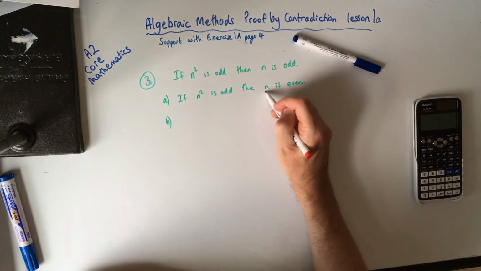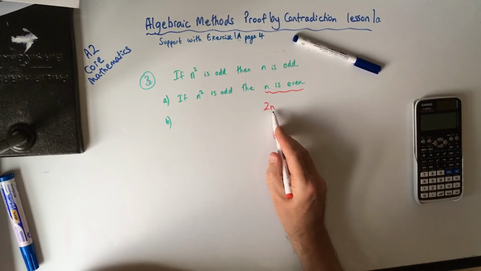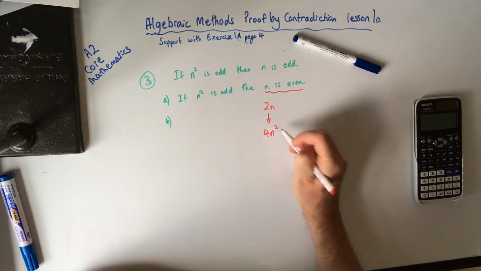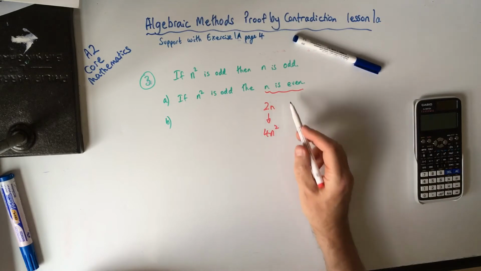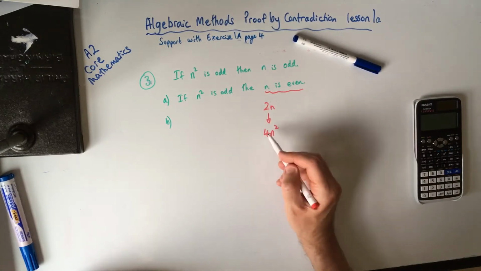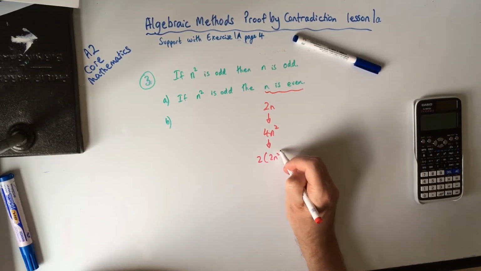So if n is even, we can write it as 2n, and if we square that, we get 4n squared. But this statement is saying that n squared is odd, and this here, of course, we can factorise. It has a factor of 2.